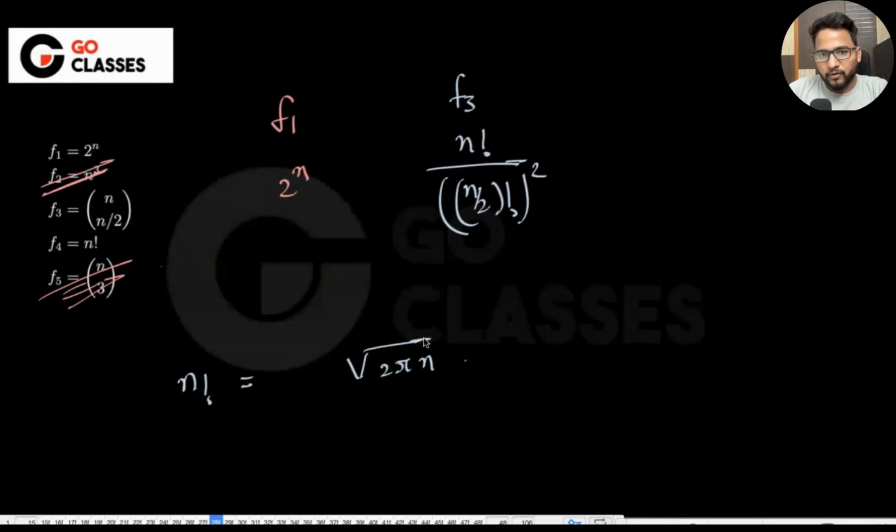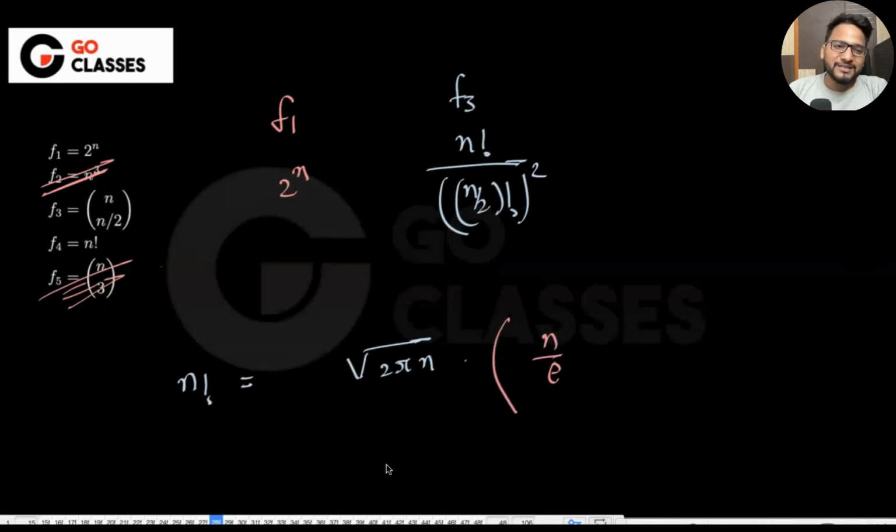I don't remember the formula. Yeah, I think for this complicated one, we have to remember. I don't think there is any other way I can think of as of now. So for this one, we have to know the formula for n factorial. Can anyone tell me the formula here? N upon e, something like that, right?